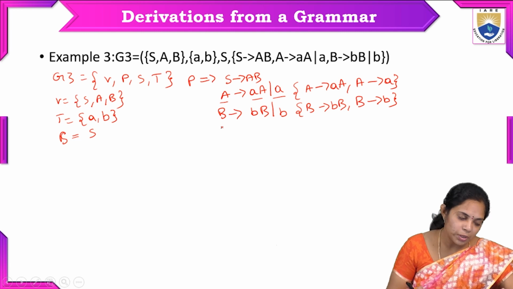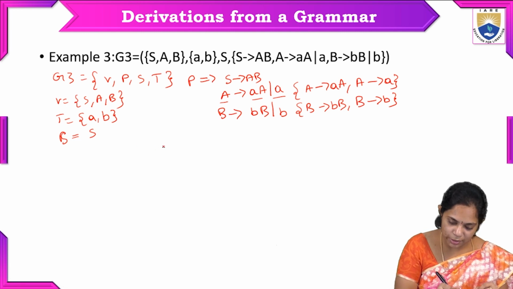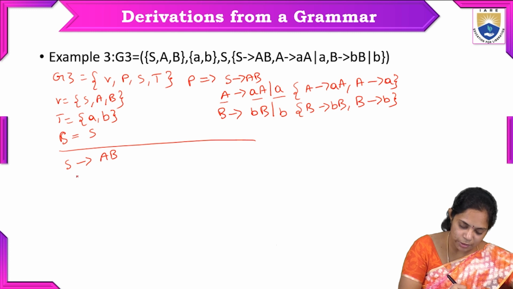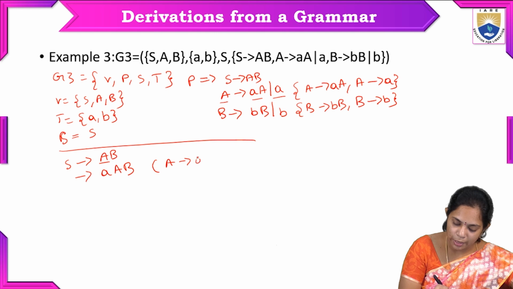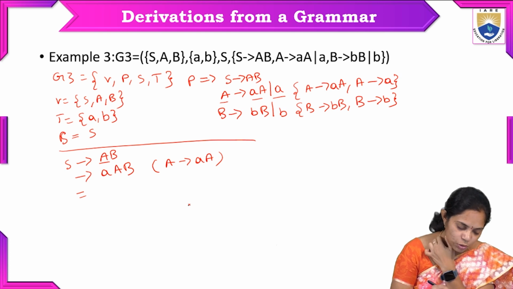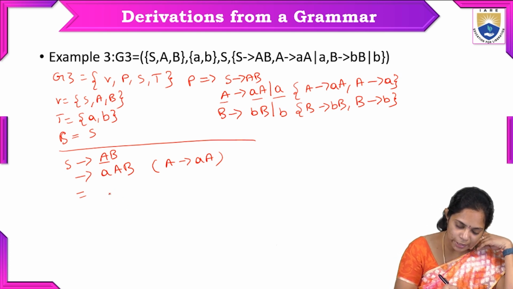So first, how to derive: we have to take the starting state, S tends to AB. The first step is to start with capital A. So instead of A, we will write A tends to A. And we will also substitute A tends to. So here is the equation.